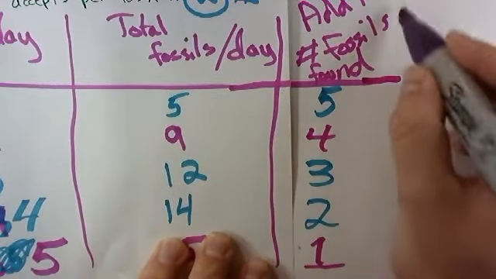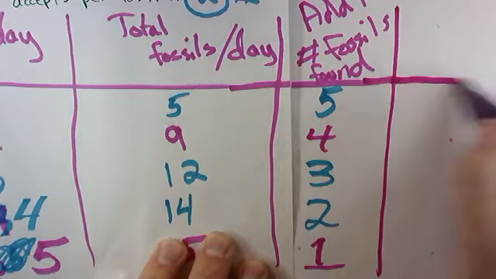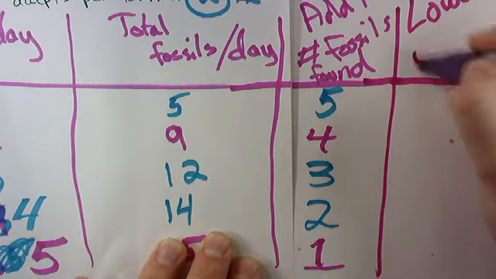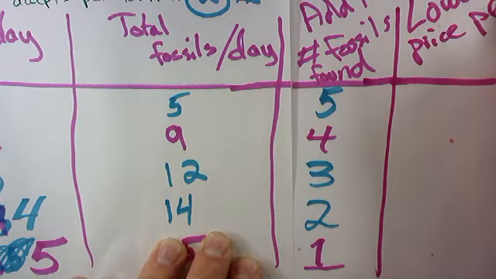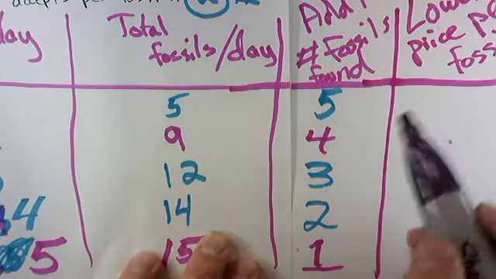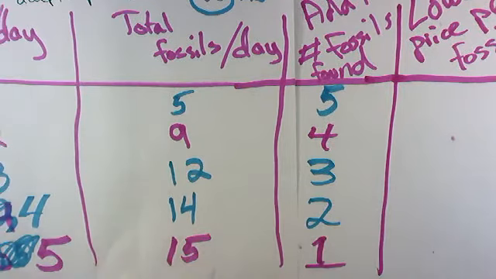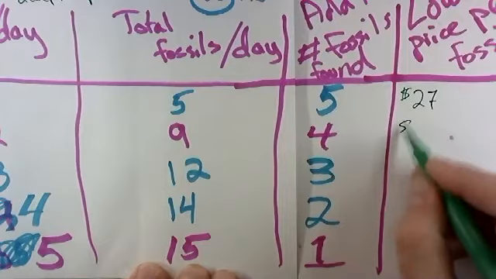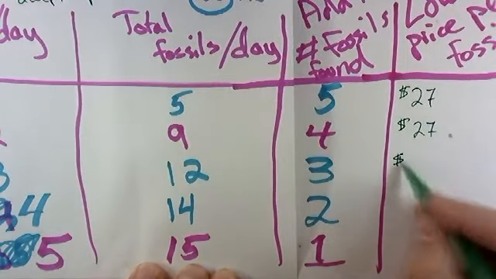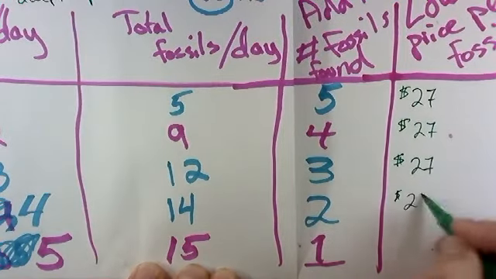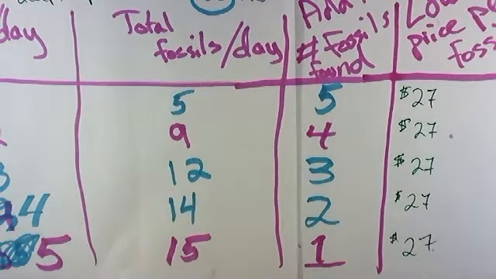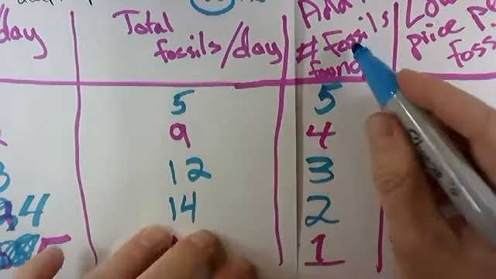So what are we going to do? We're going to create another column. I promise this is the last column that we're going to create here, and this is going to tell us our lowest price per fossil. For this one, all we're going to be doing is taking that same $27, and then dividing it by the incremental fossils, right?